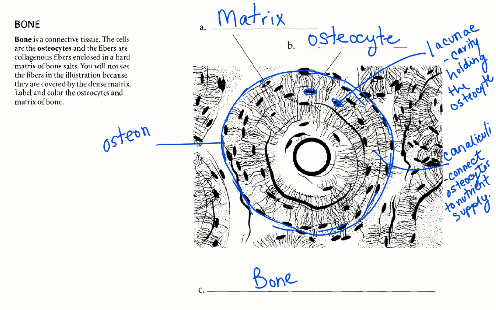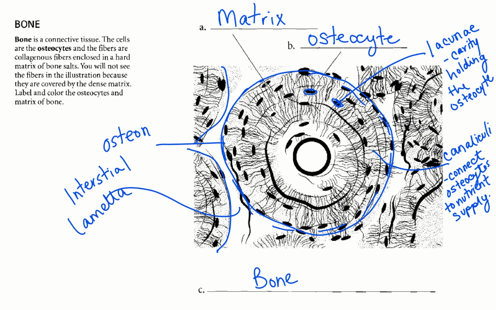And then you can see that there's other osteons surrounding this one. The space in between is what we refer to as the interstitial lamellae, or lamella. And this is just going to be our region between osteons.